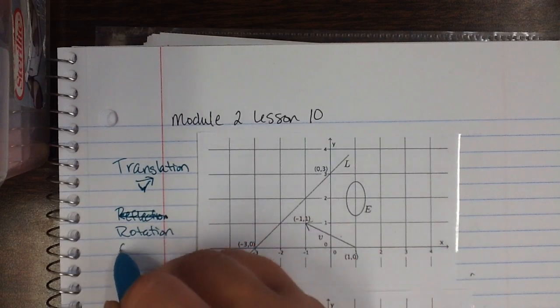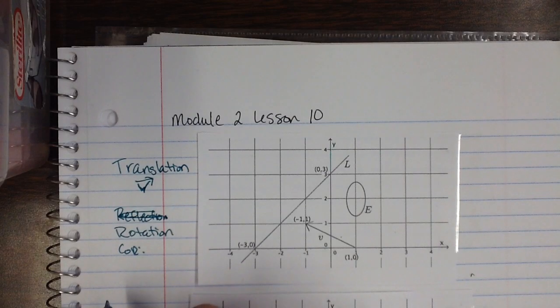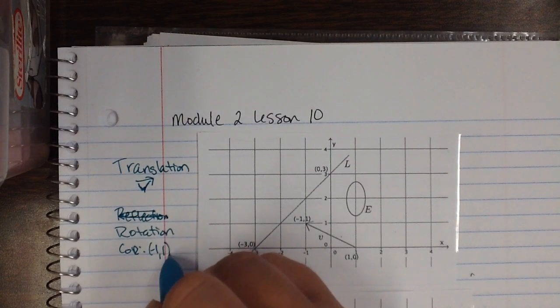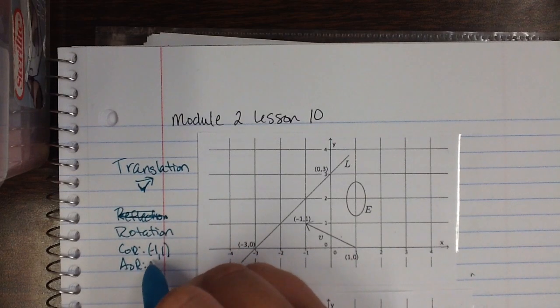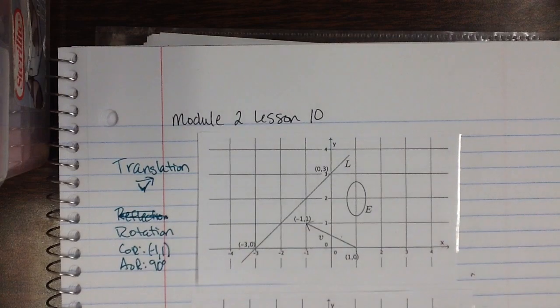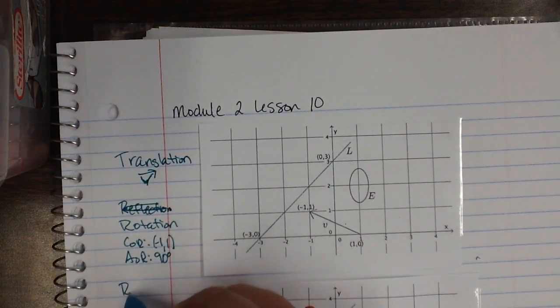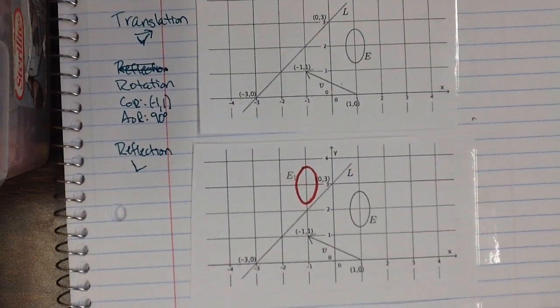And the center of rotation is going to be -1, 1. And the angle of rotation is going to be 90 degrees. Okay, and then we will do a reflection across line L.